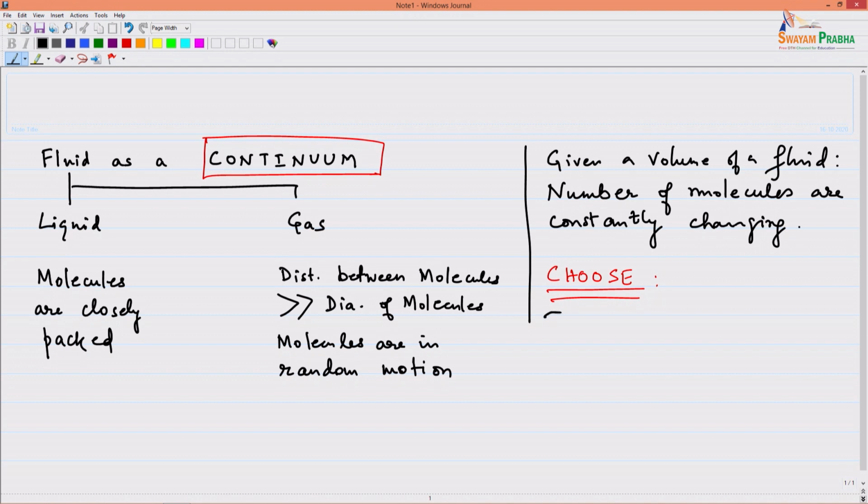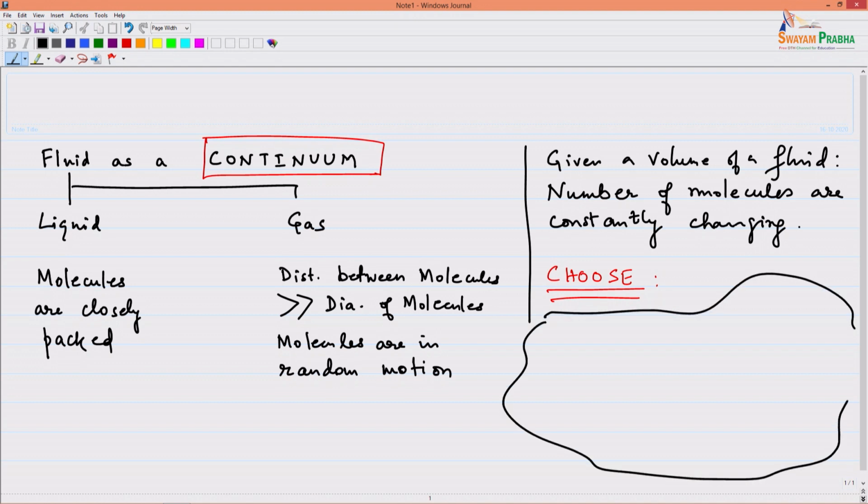So, let us just say this is a large volume of fluid. This is a huge volume of fluid, and it should have no boundaries anywhere. Just think of the atmosphere or something. Here I cannot define one particular value of density. So, what I do is I choose maybe a volume, something like this.